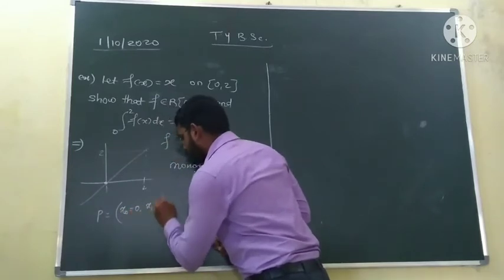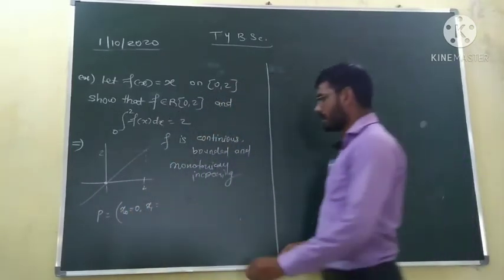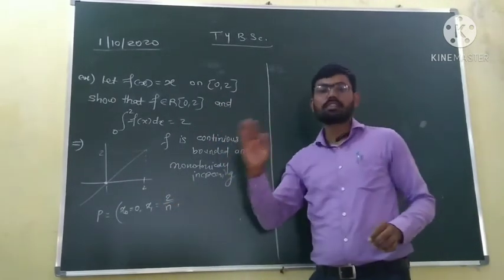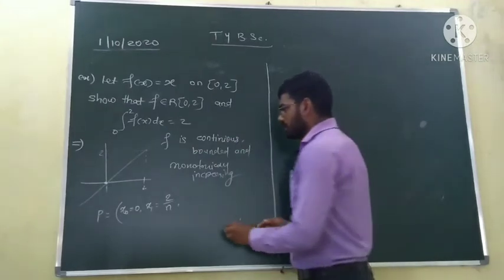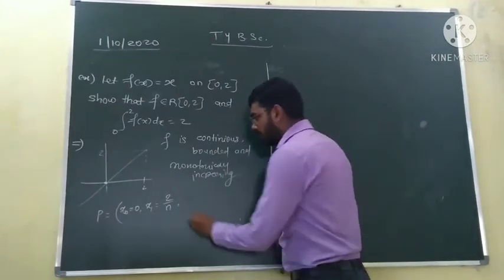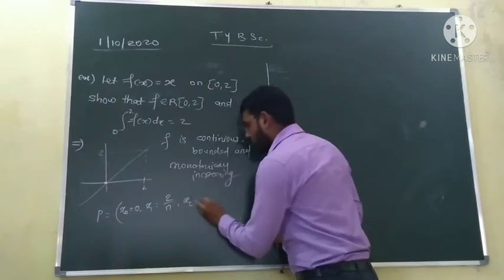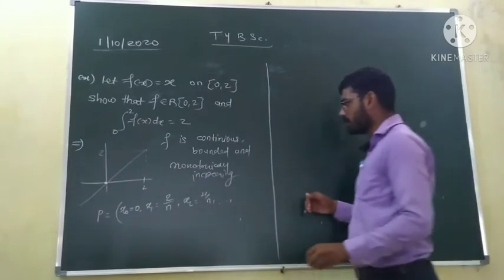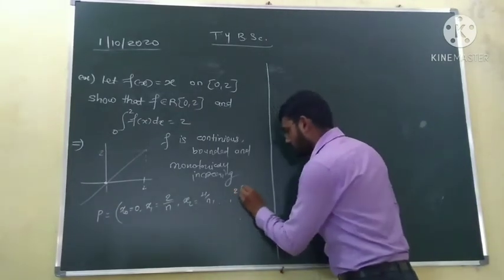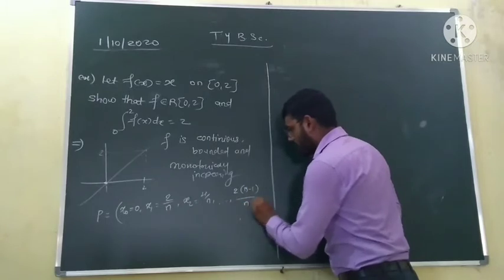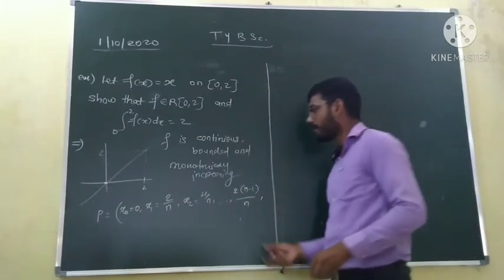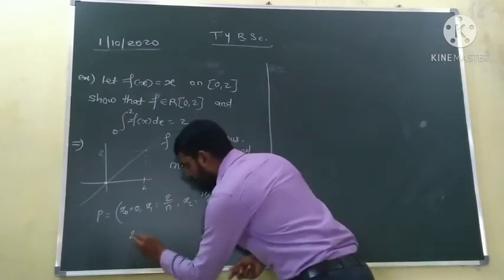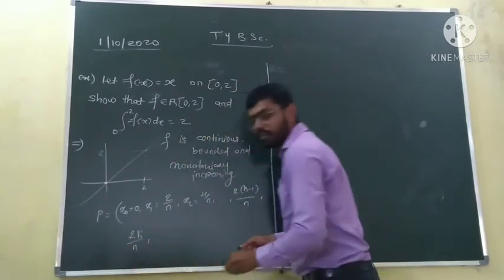We take x1 is equal to 2 by n. Okay. We are dividing this interval into n subparts. Then the next point will be 4 by n. Okay, up to somewhere 2 into k minus 1 upon n. The next point will be 2 into k by n.